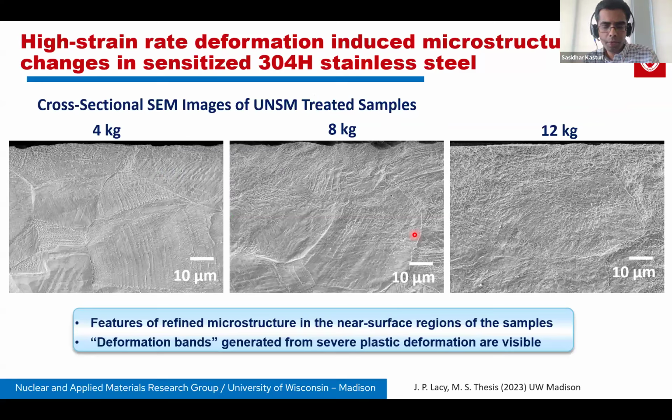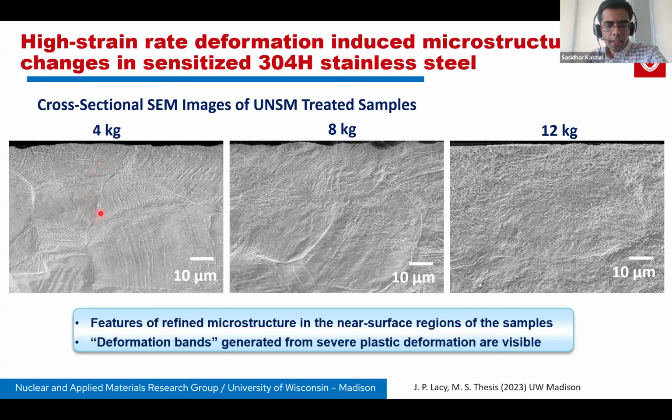I want to give you an overview of the microstructural transformations before we go into the details of the characterization. So these are cross-sectional SEM images of the different UNSM, we call the process UNSM, treated samples. So we are looking at the microstructure as a function of depth from the treated surface in the cross-section.